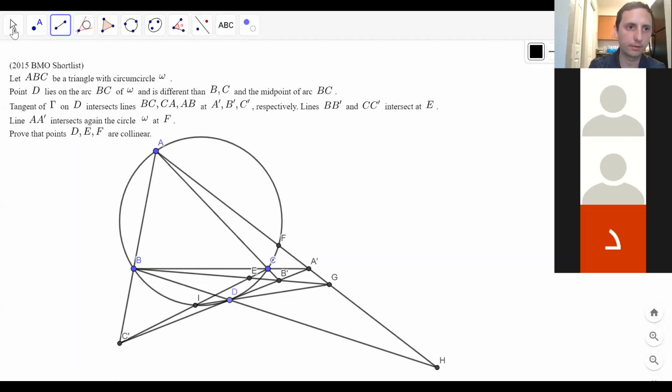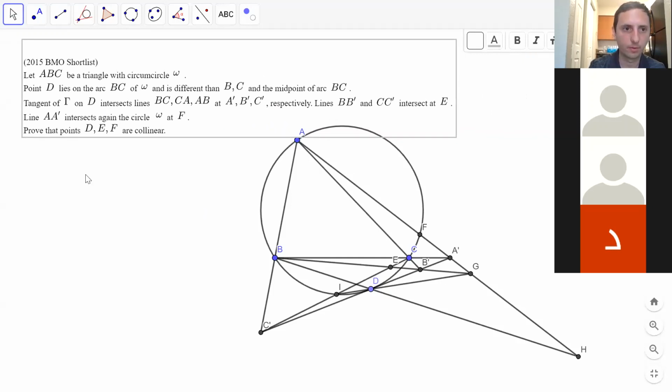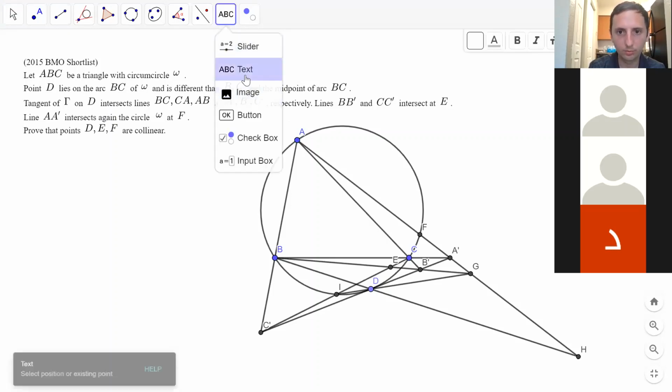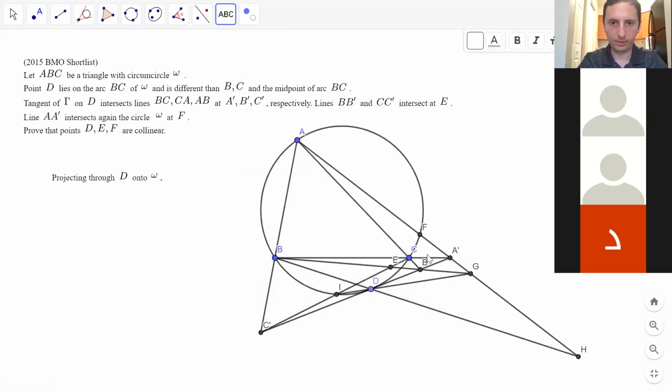So here's kind of my thoughts. Let me write this out. So if we project through D onto omega, we have F A prime GH.